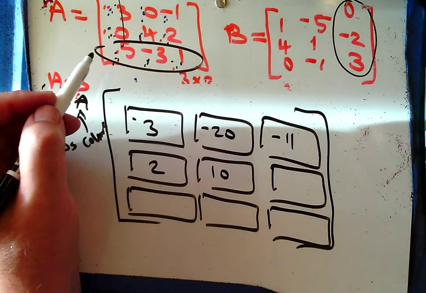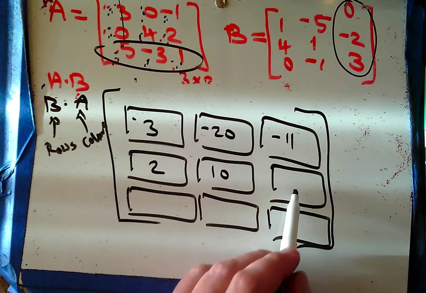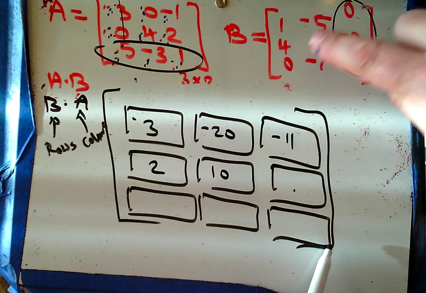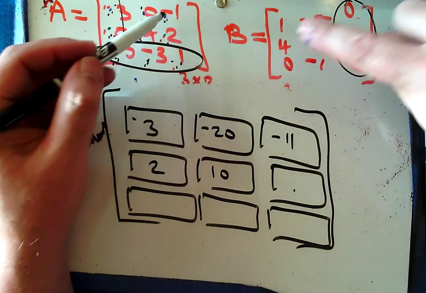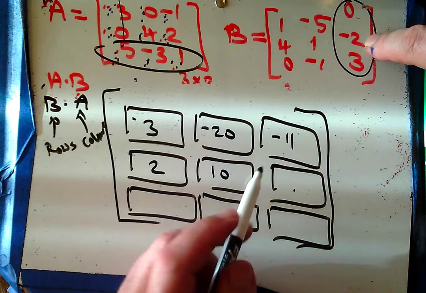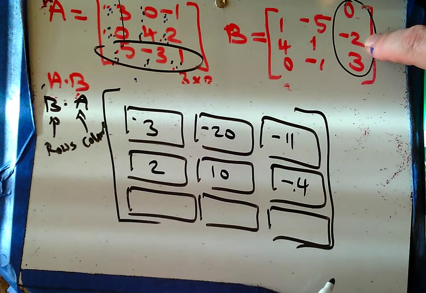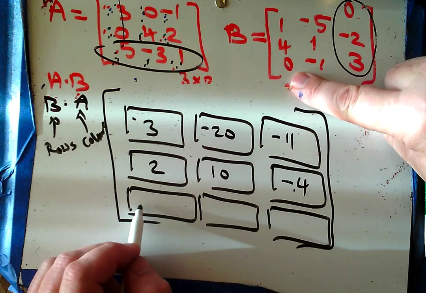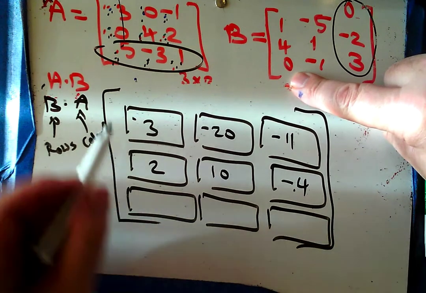And then I want to do this cell, which is in the middle row, third column. So I want the middle row again, and I want the third column. Negative 4 plus 2 minus 2 is going to be negative 4. And then finally down here, I'm using the third row, the bottom row, with the first column.